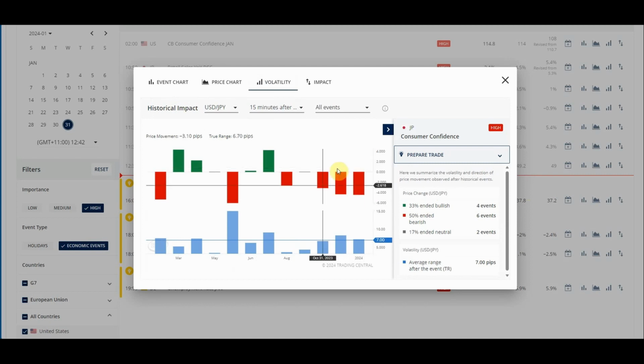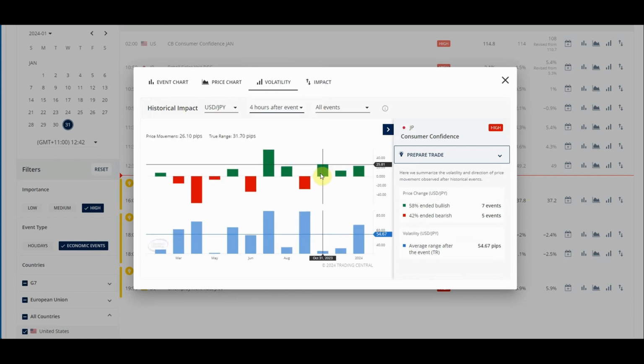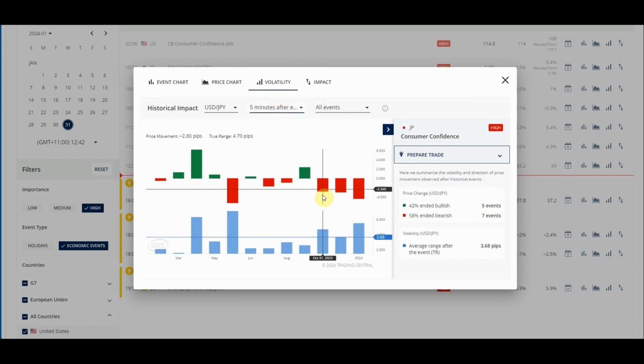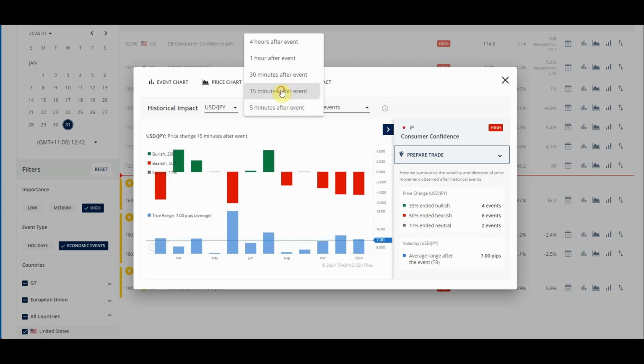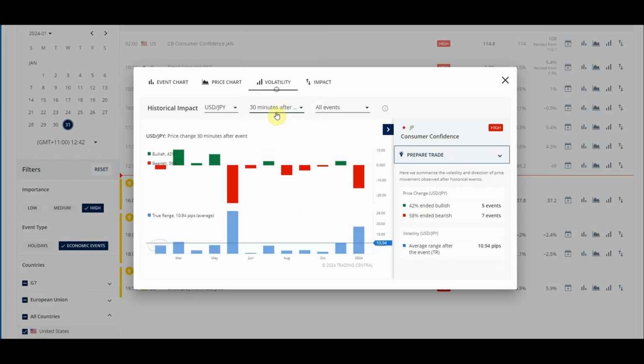So we've got above forecast, and in 15 minutes, basically that drops. Now we can go to a 4-hour, and then after 4 hours, the market actually rises from the point of the event. So 5 minutes, 15 minutes, and then 30 minutes.